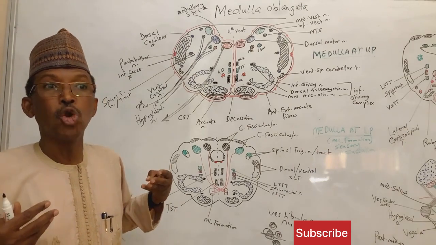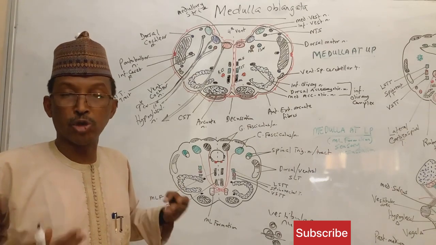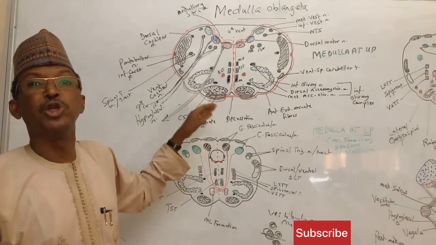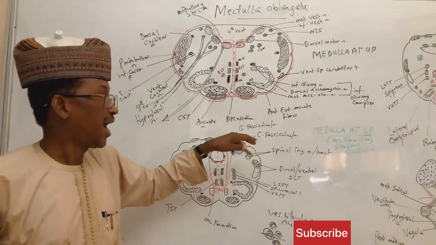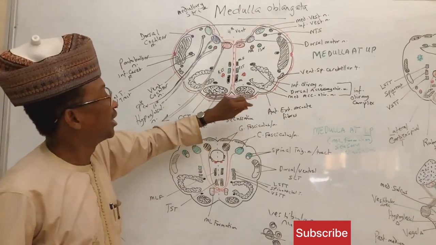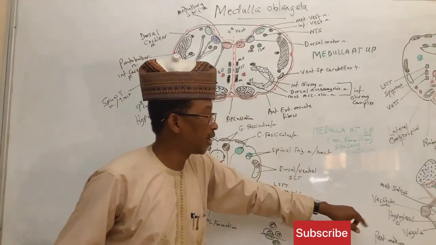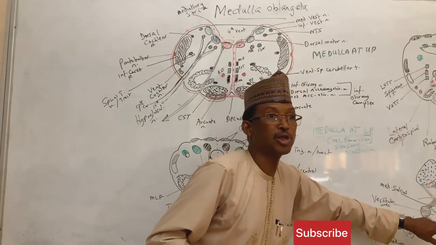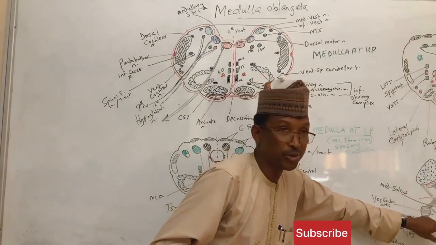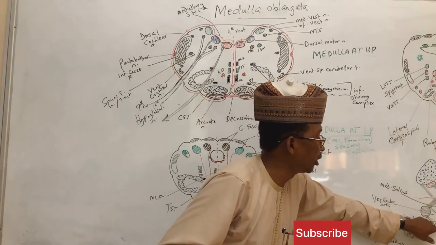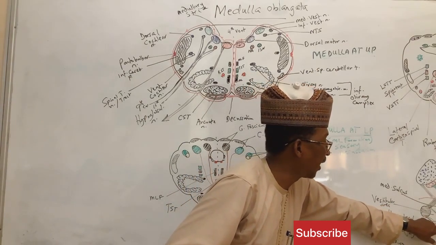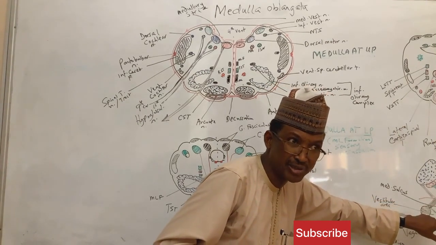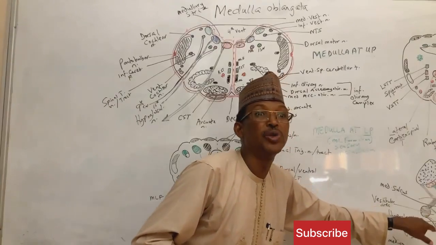Are you clear? Also, the upper limb unconscious proprioceptive information is carried by what we call the cuneocerebellar tract. That tract comes from the accessory cuneate nucleus, which we'll discuss later on. By the side of the nucleus cuneatus, at the border of the closed part of the medulla oblongata, we have an accessory nucleus there, what we call the accessory cuneate nucleus.